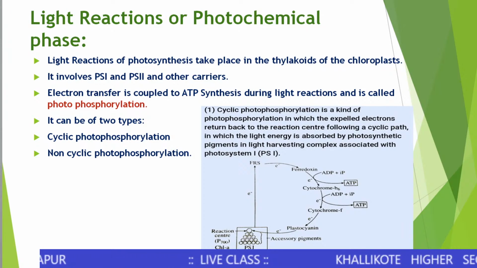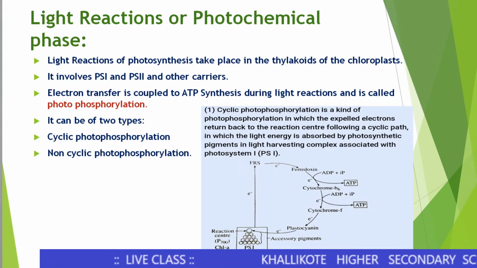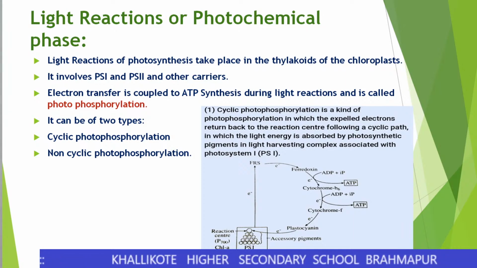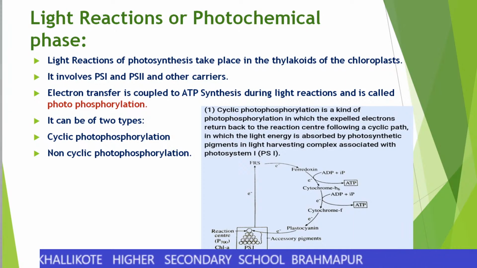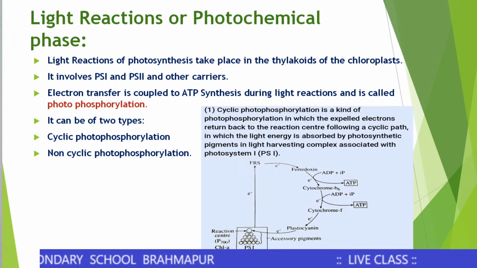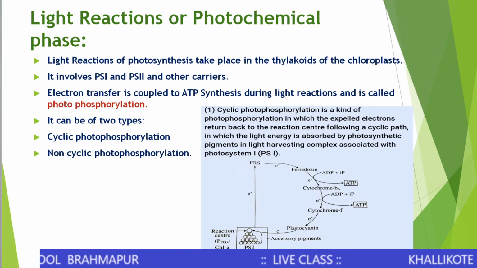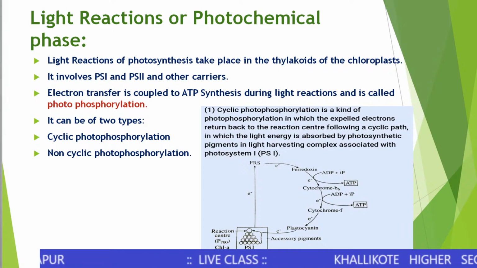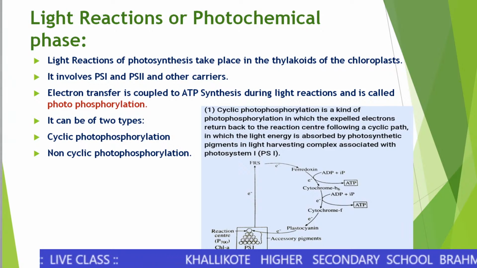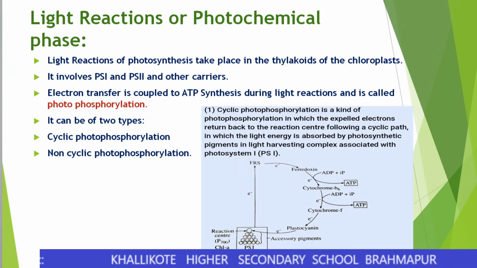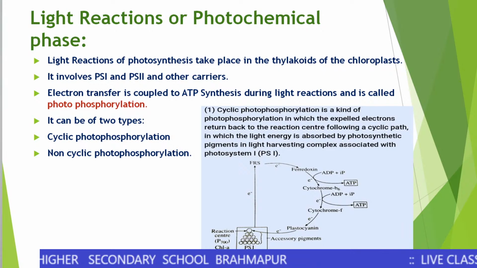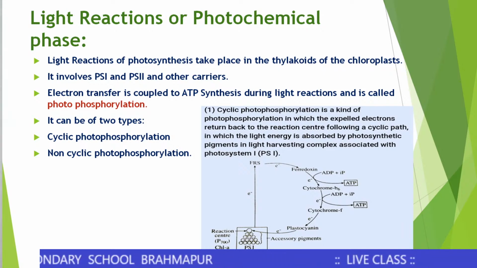Photosystem 1 is the place where cyclic photophosphorylation takes place, and in this phase two molecules of ATP are produced. What happens during the cyclic photophosphorylation path is that photosystem 1 is first activated by the absorption of light energy. The reaction center molecule of photosystem 1 is P700.